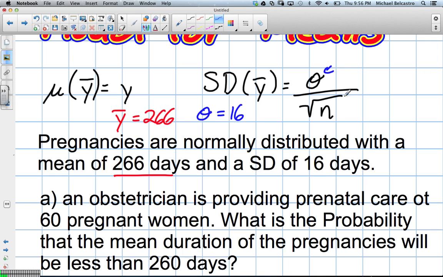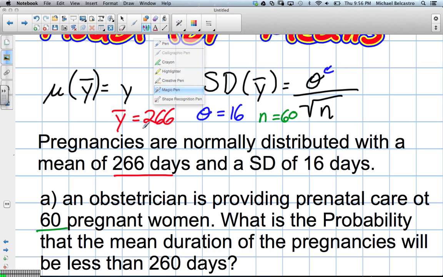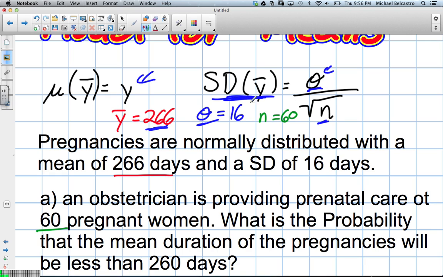And that's this value here. That's not the actual calculated standard deviation. And we've also been told how many women are in this study. There's 60. So our n in this case is going to be 60, okay? And those are all the variables we really need, because this 266 is going to be our mean, the standard deviation here, and n here, and we'll use that to calculate this standard deviation here, okay?